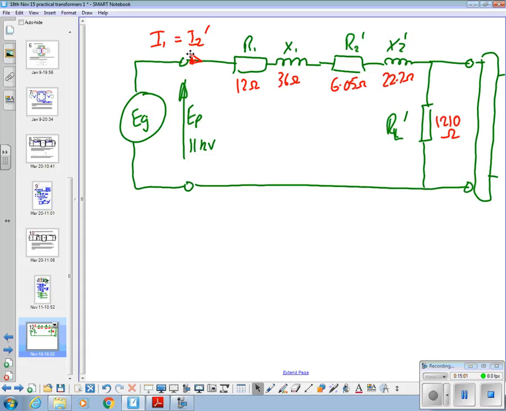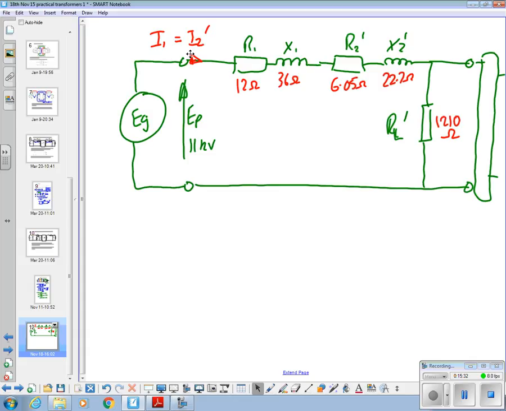So, what's the next part of the problem? The next part of the problem is the primary current if the fully loaded transformer is supplied with its nominal primary voltage. So how are we going to go about finding I1? That's a fully loaded situation because we put 1.6 ohms on it and then transferred it across.